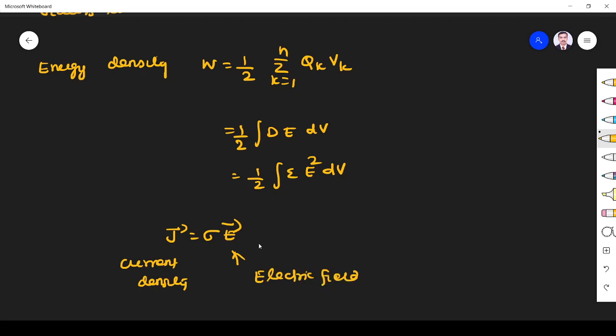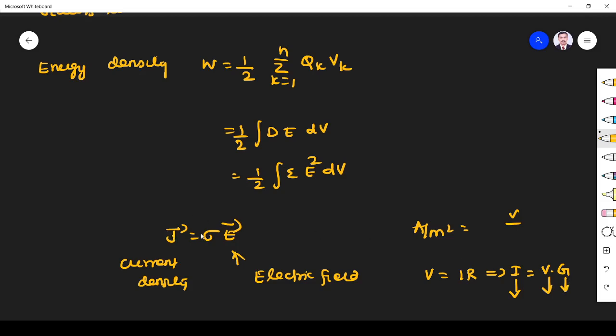Current density is in ampere per meter square. On the right-hand side is volt. We know that V is equal to IR. This implies I is equal to V by R, and 1 by R is G. So I is current, V is volt, and G is conductance.